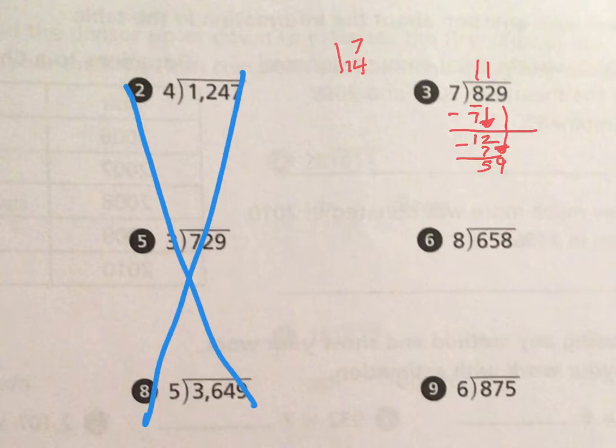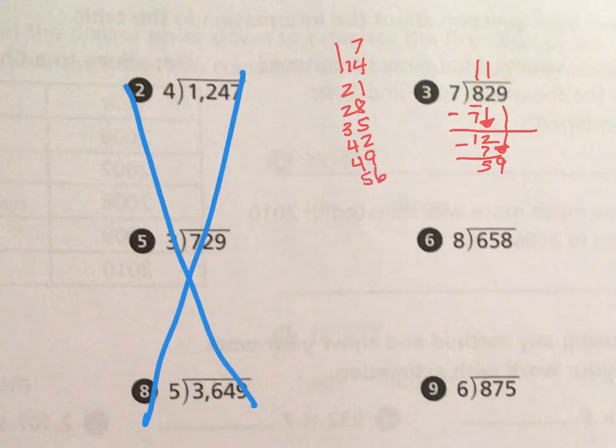7, 14, 21, write them down with me, please. 28, that's 7 times 4. 7 times 5 is 35. 7 times 6 is 42. 7 times 7 is 49. 7 times 8 is 56.